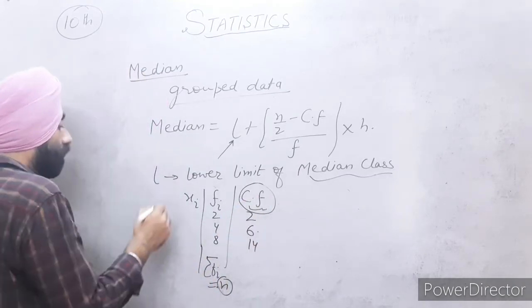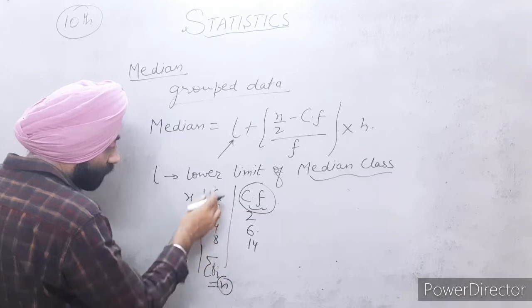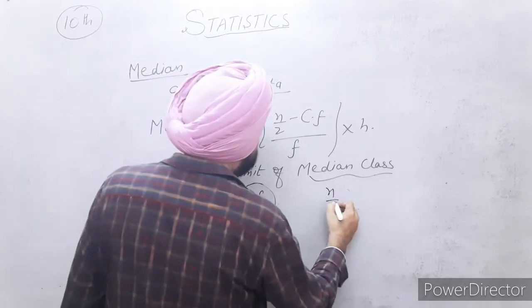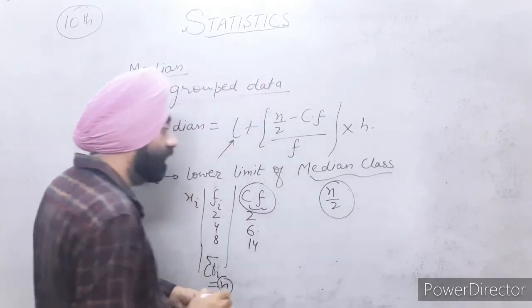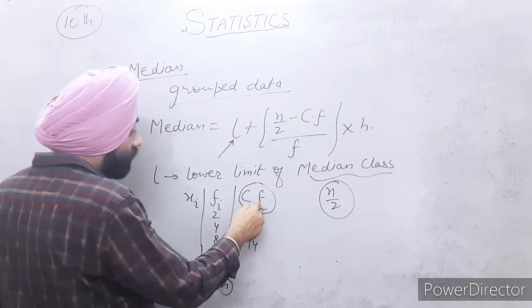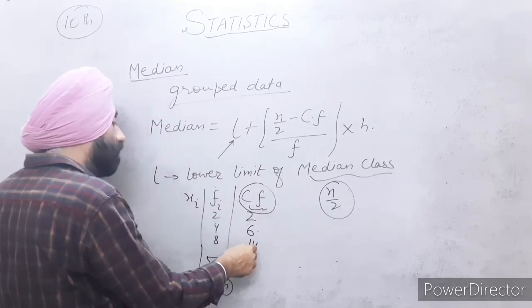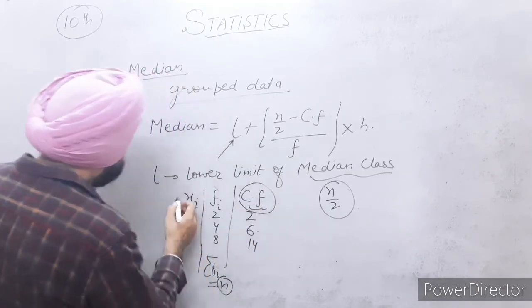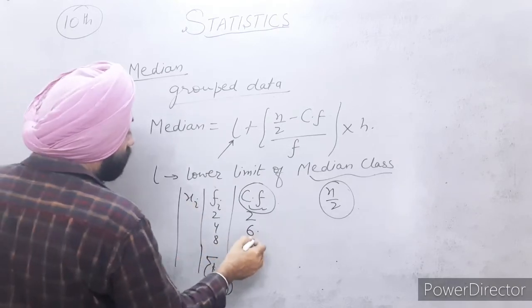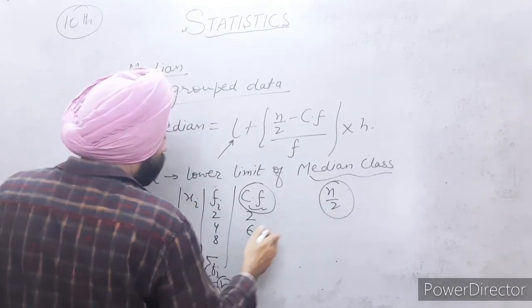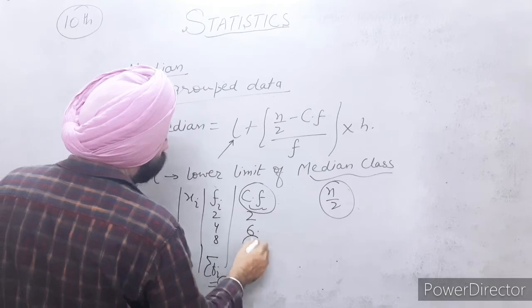We will have the summation of fi. First we calculate n by 2. Say I get n by 2 as 14.